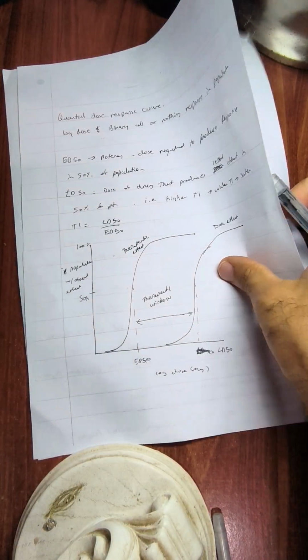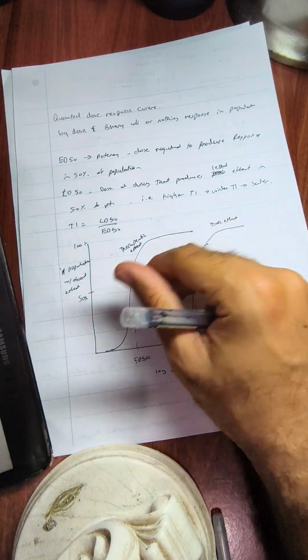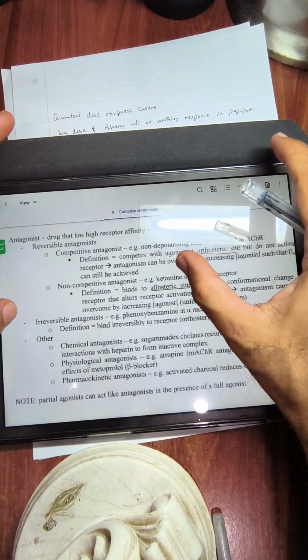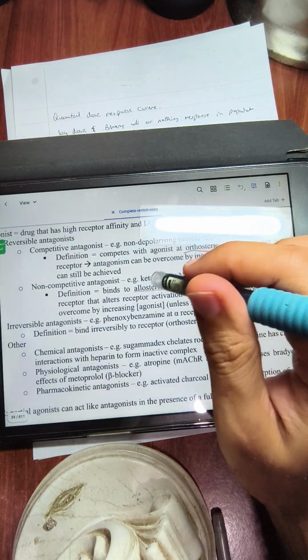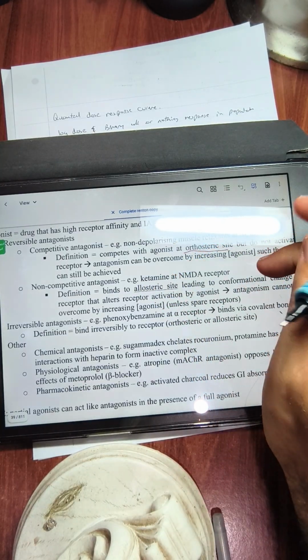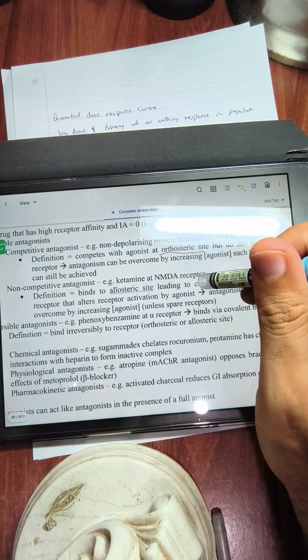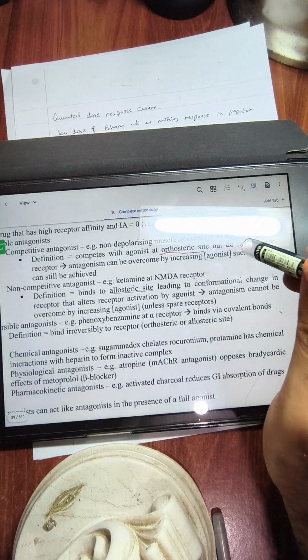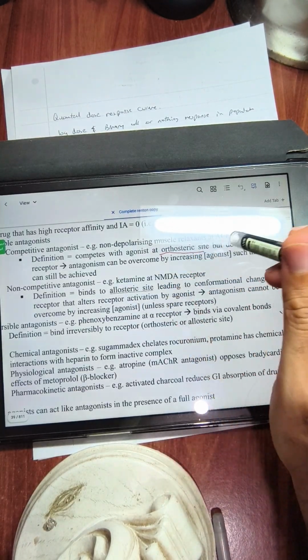But obviously, they might ask other stuff, such as a non-competitive antagonist. So here, a non-competitive antagonist, such as ketamine at the NMDA receptor, binds to an allosteric site, leading to a conformational change that alters receptor activation by the agonist. The antagonism cannot be overcome by increasing the agonist.